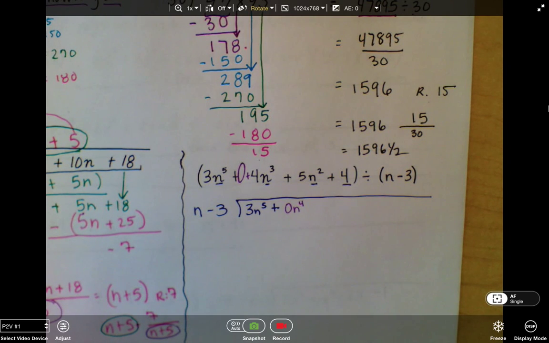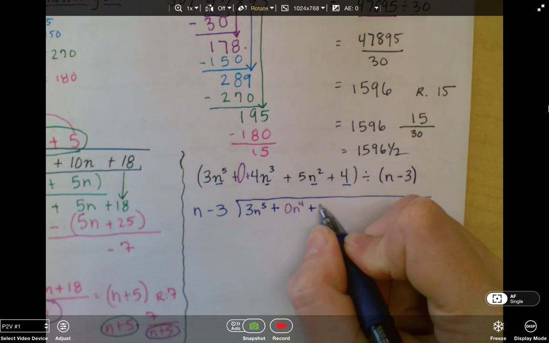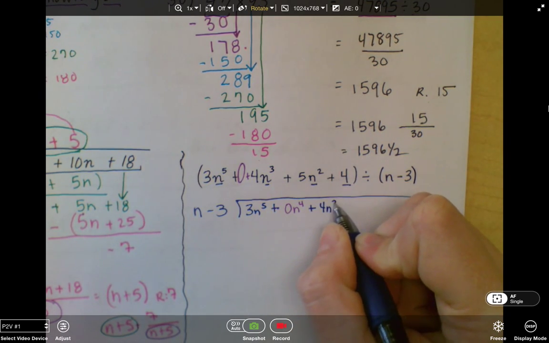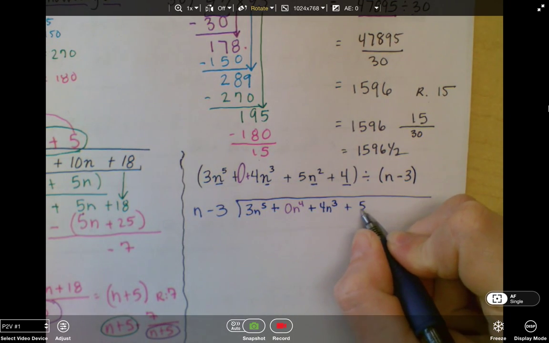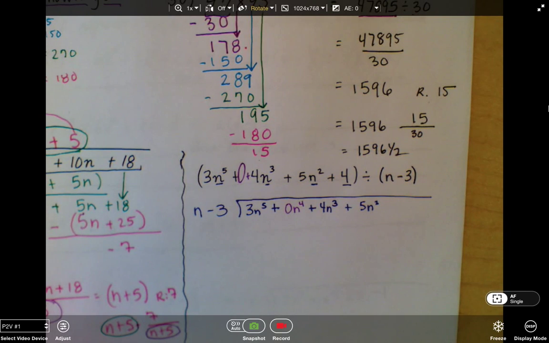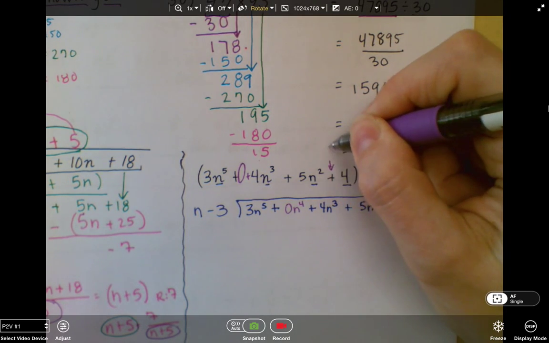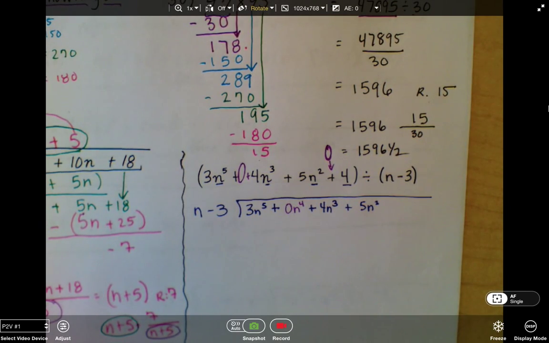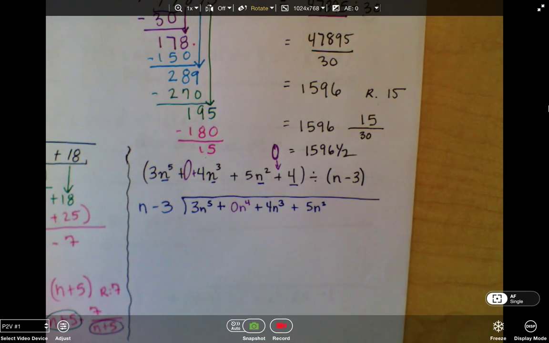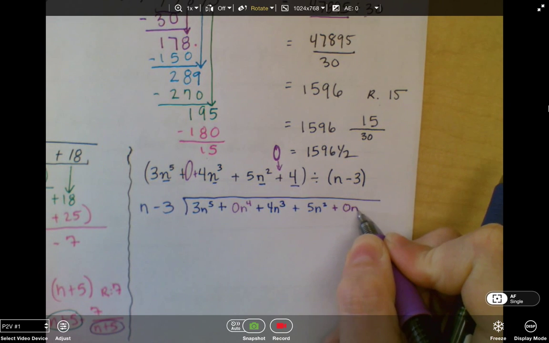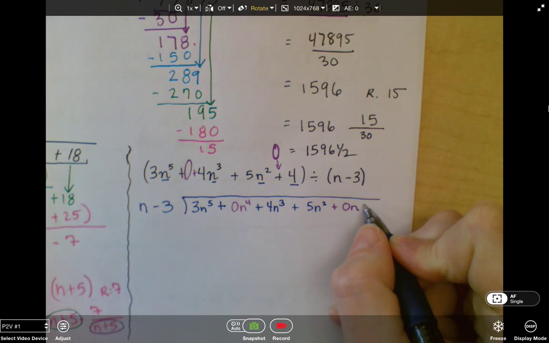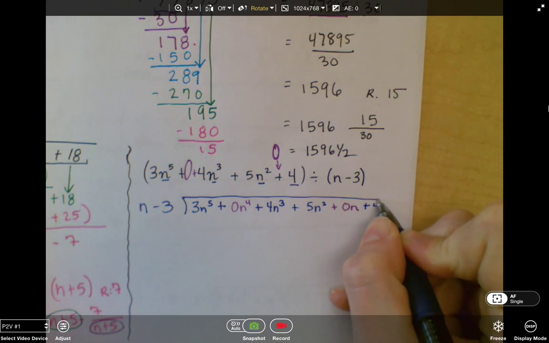So that was one of those hiding ones. Plus 4n to the third plus 5n squared. And then, oh, there's another missing term right there. So we would need that guy also. Plus 0n, and then plus 4.